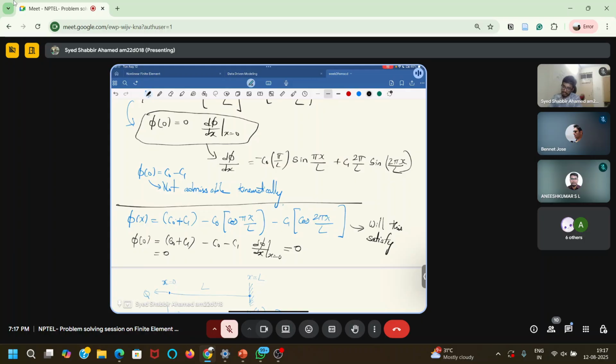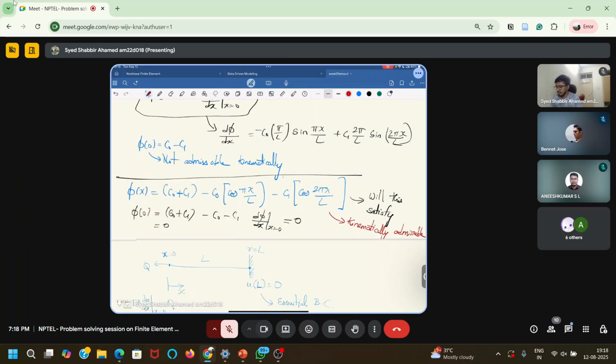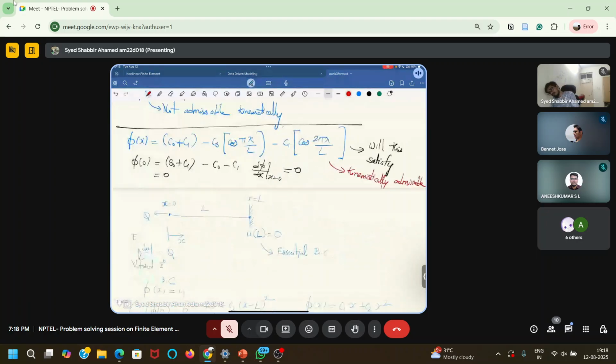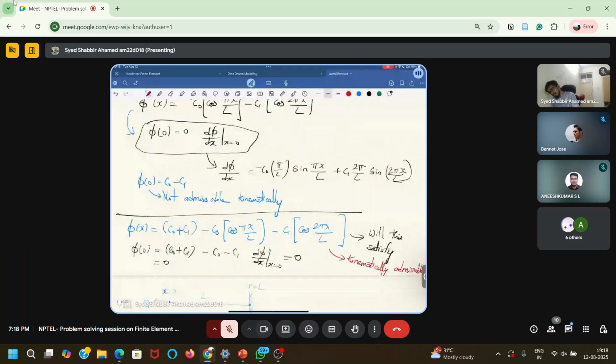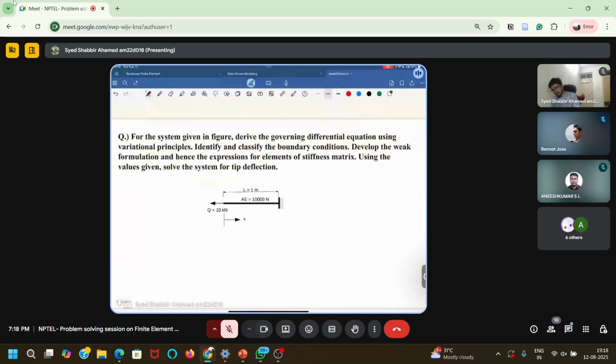This is a kinematically admissible function. I can assume this as my solution for the bar. So this is how we will solve this. Whenever we assume a solution, we make sure that our solution is kinematically admissible.